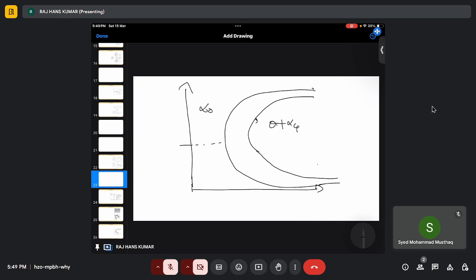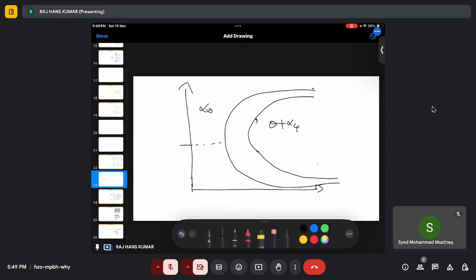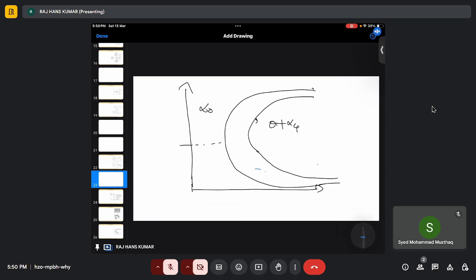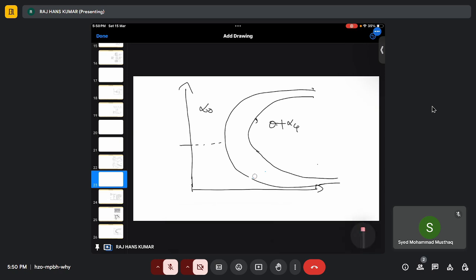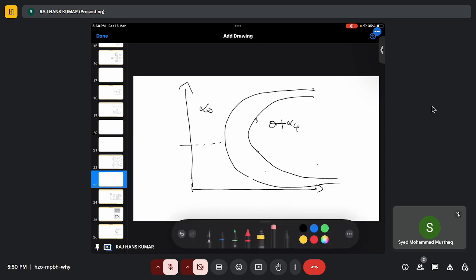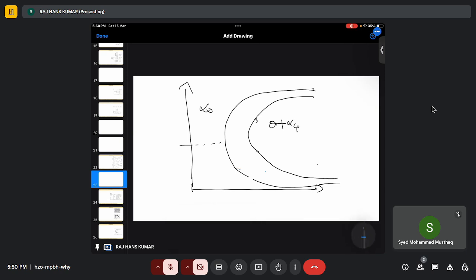At first, you have GP zones. Let me draw GP zones with blue. At first, you have GP zones at lower temperature. This is my GP zone.